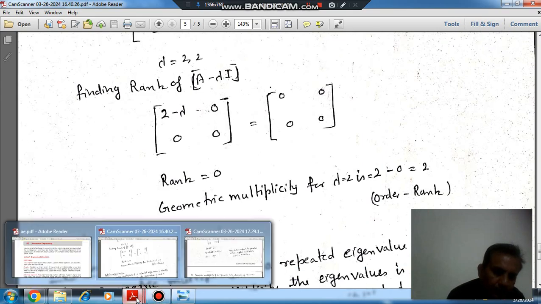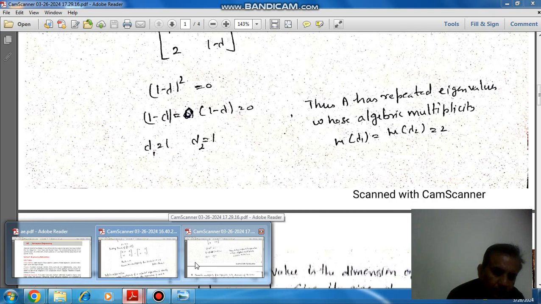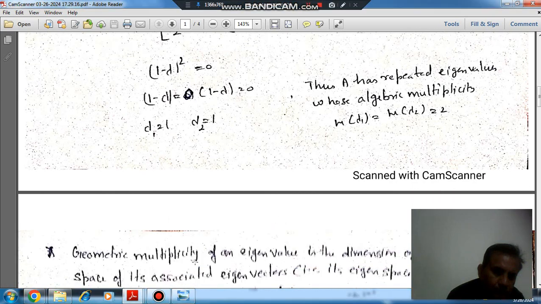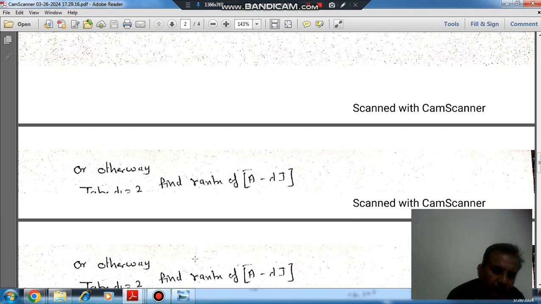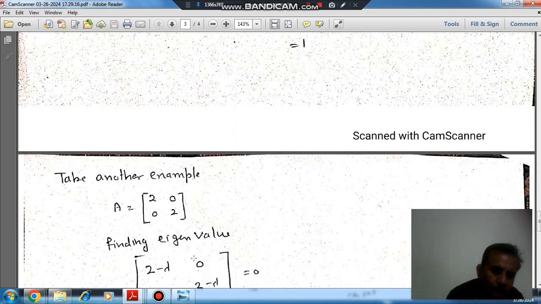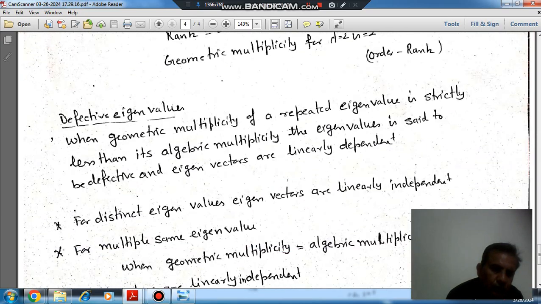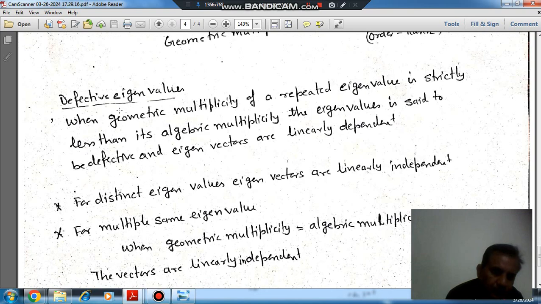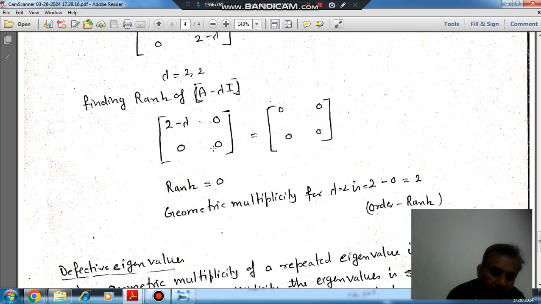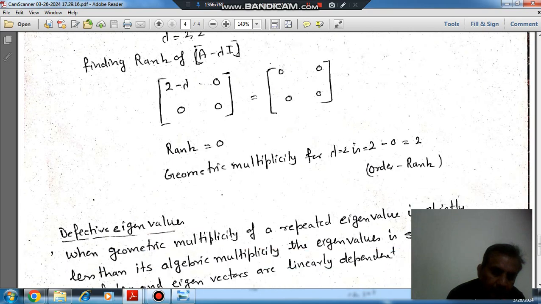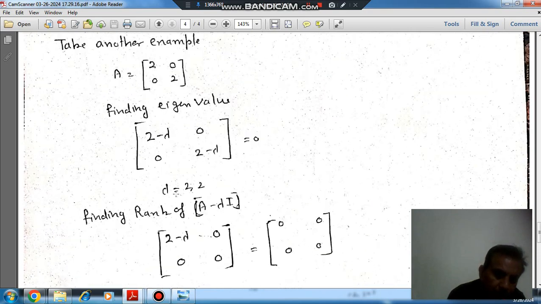So the next topic is defective eigenvalue. So a defective eigenvalue is defined as follows. Here we have found the geometric multiplicity, that is 2, and the algebraic multiplicity is also 2, because lambda is occurring 2 times.